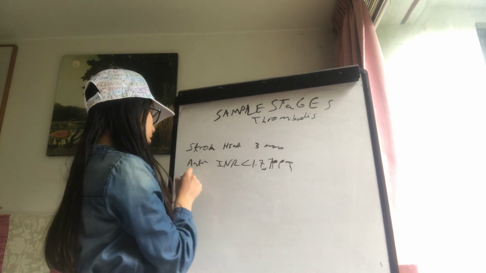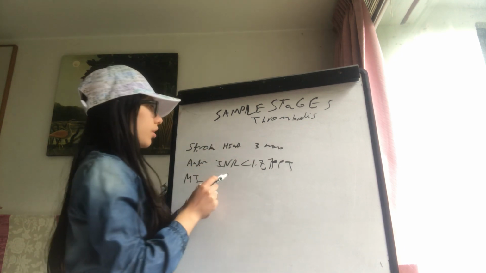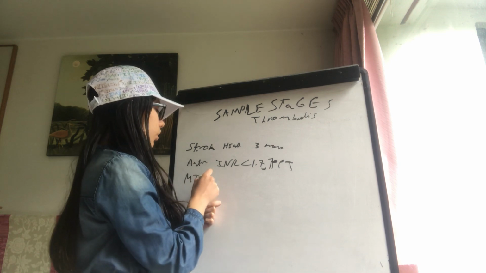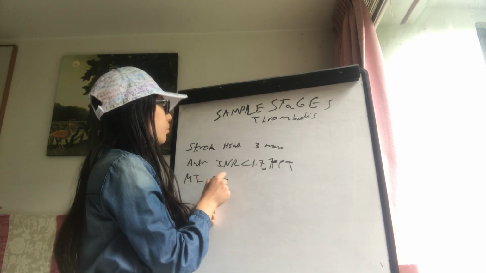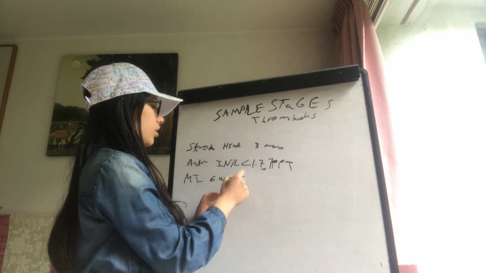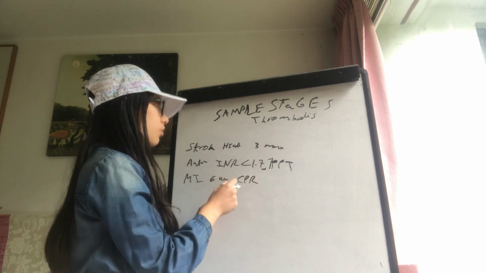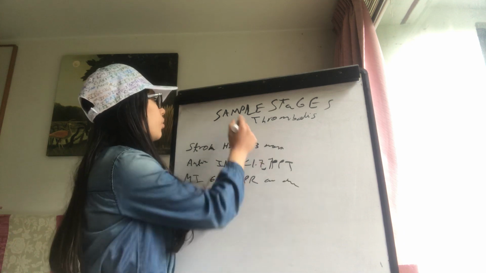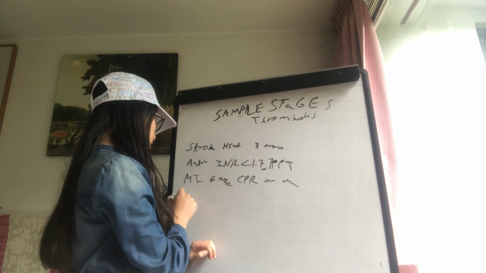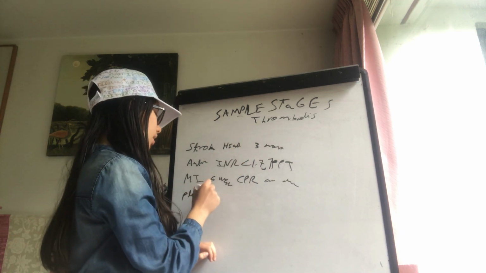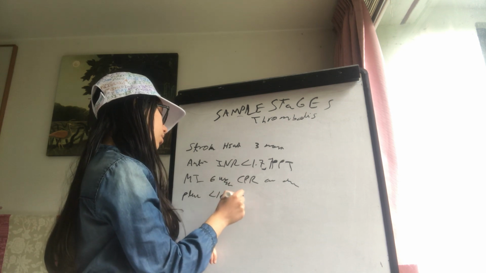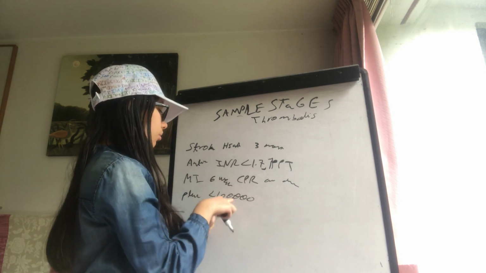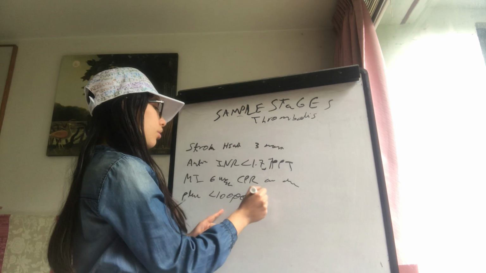Then M is a myocardial infarction within 6 weeks, or a CPR within 6 weeks, or an aortic dissection. Then the P is for platelets, so platelets less than 100,000 per cubic millimeter.